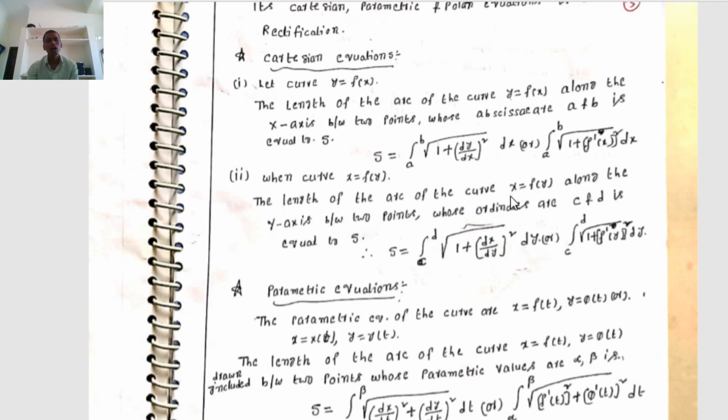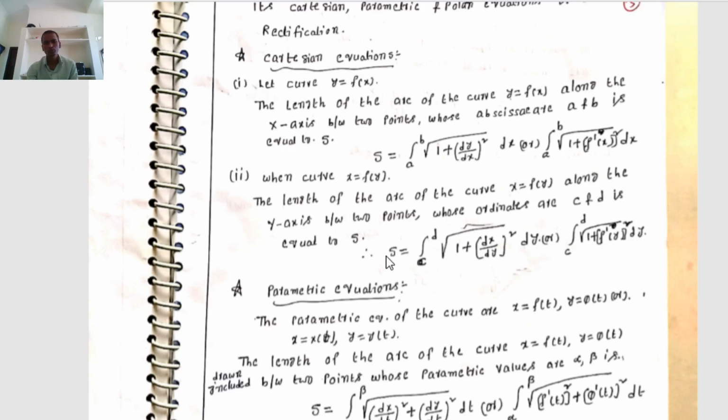Then we have to find the length of the arc of the curve x equal to f of y along the y-axis between two points whose ordinates are c and d, that is, with limits c and d.